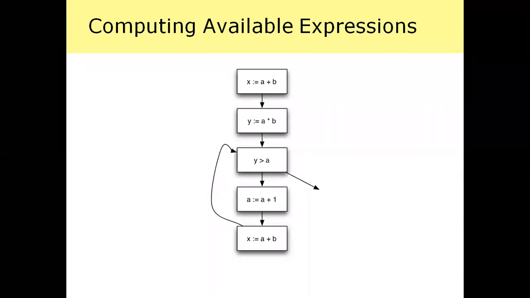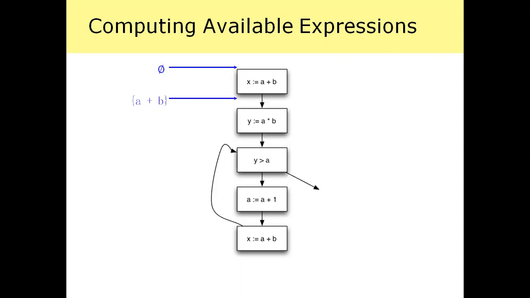And finally, it can be represented like this. Once see, all of you. Initially, it is empty, because we didn't compute anything. Then after performing the statement x is equal to a plus b, it generates a plus b using the generation function, and that output is given to y is equal to a into b, and there we generate a into b along with a plus b.